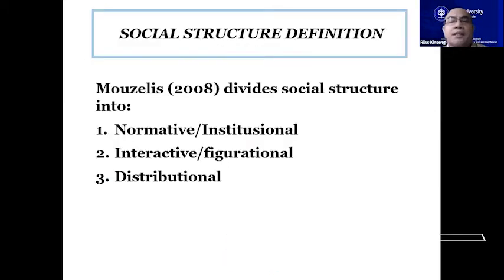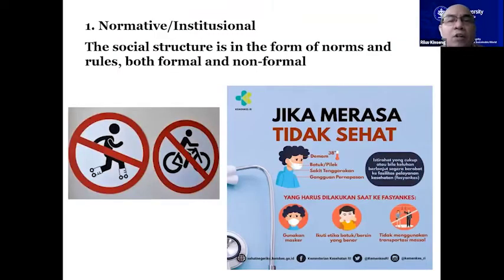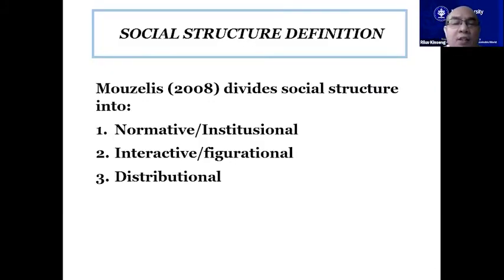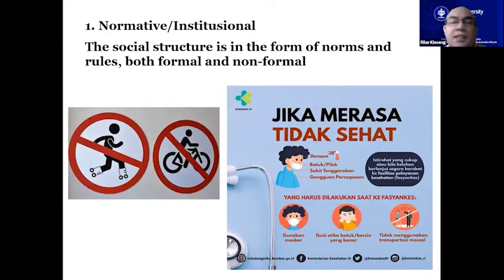Now, let's see the meaning of this one by one. Normative institutional. Basically, the normative or institutional is the social structure in the form of norms and rules, as already explained very nicely by Group One.